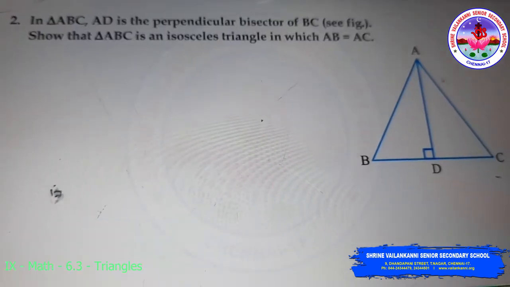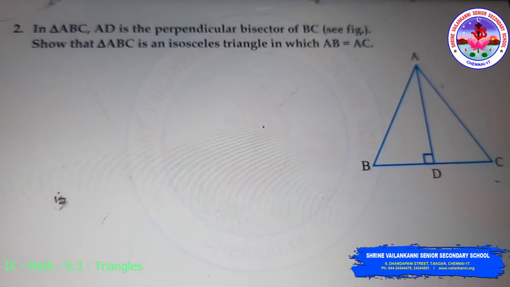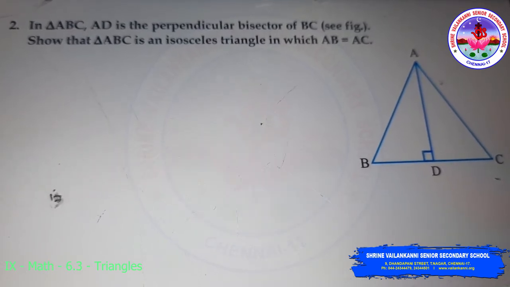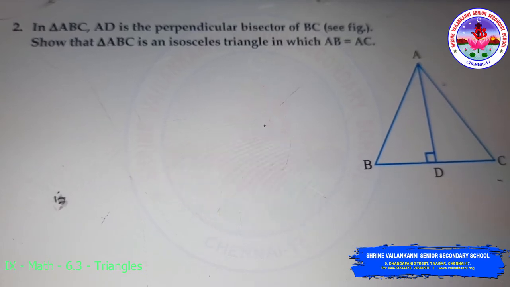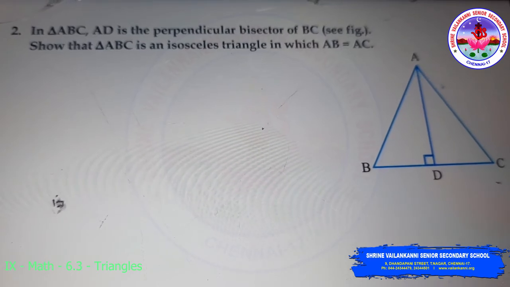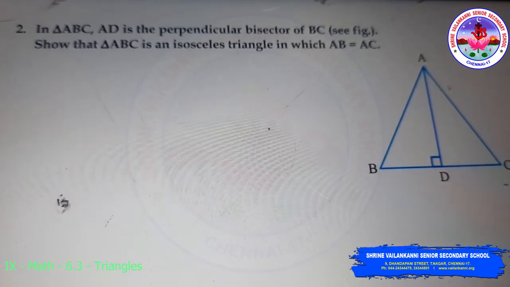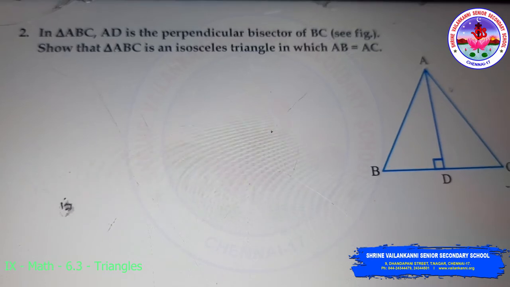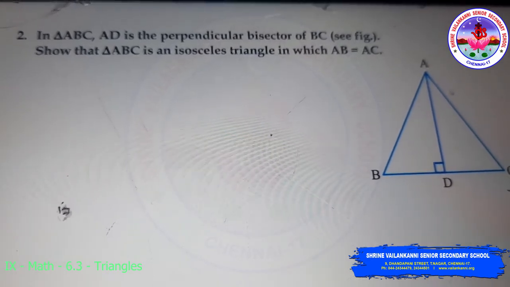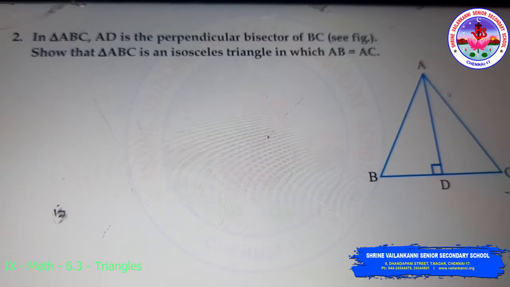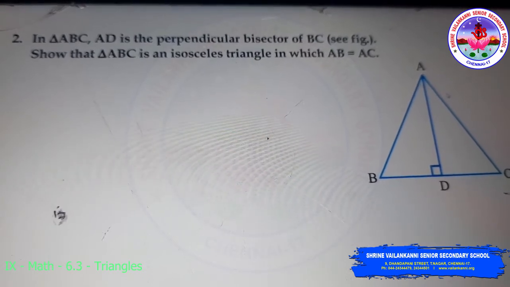Second problem: in triangle ABC, AD is a perpendicular bisector of BC. Show that triangle ABC is an isosceles triangle in which AB is equal to AC. Given the figure, ABC is a triangle and AD is a perpendicular bisector of BC. We want to show that ABC is an isosceles triangle.